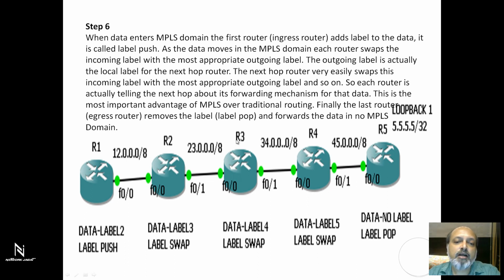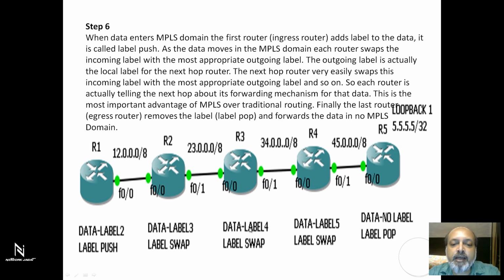That means when R3 receives the data, it gets the data with label 3. What is label 3? Label 3 is actually its local label. It quickly understands that I have to swap this with label 4, because that is my most appropriate outgoing label. Now what does label 4 indicate?